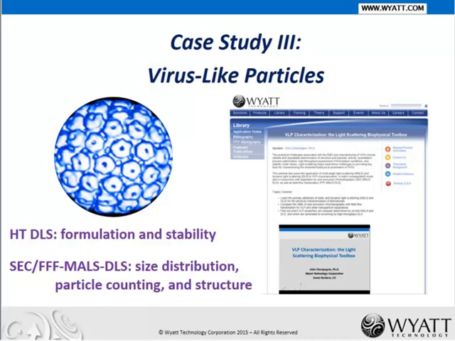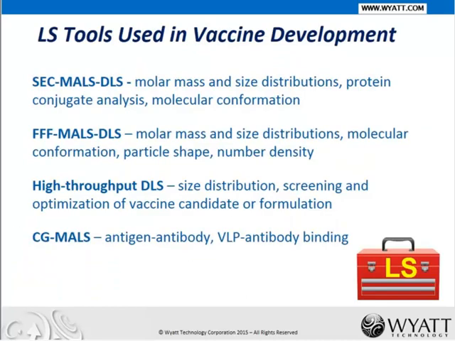SEC or FFF, together with the light scattering detectors, can be used to measure the size distribution with high resolution, to count the particle numbers, and also to reveal structural information. For a more comprehensive discussion on VLPs, you may listen to an archived webinar that was given a couple months ago. Now I will recap the light scattering tools we discussed.